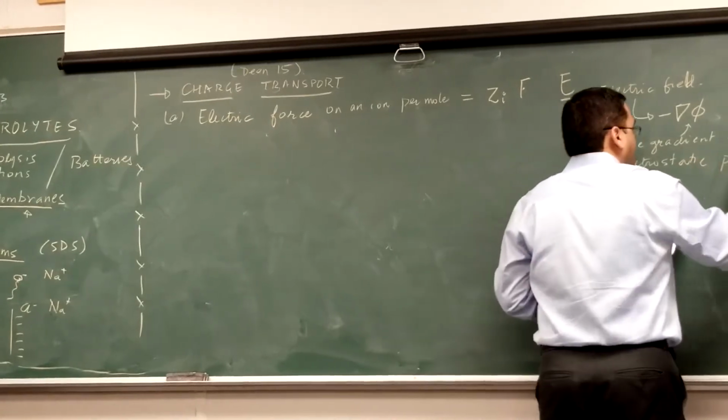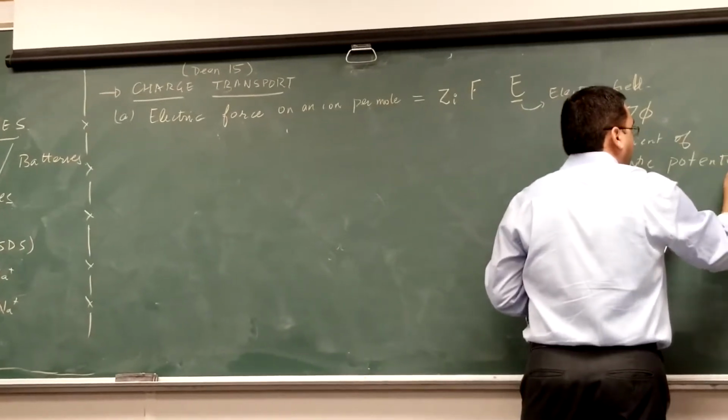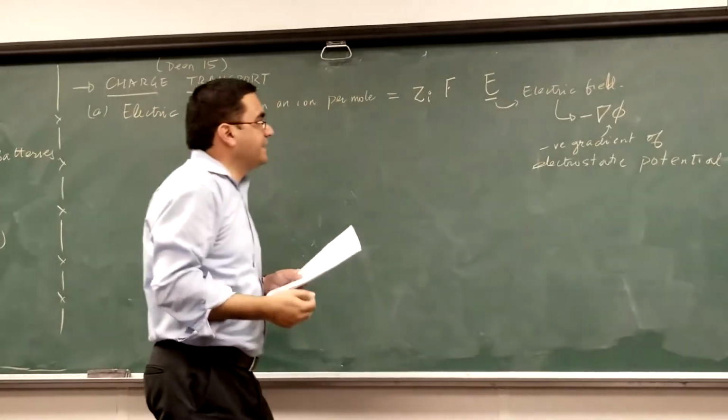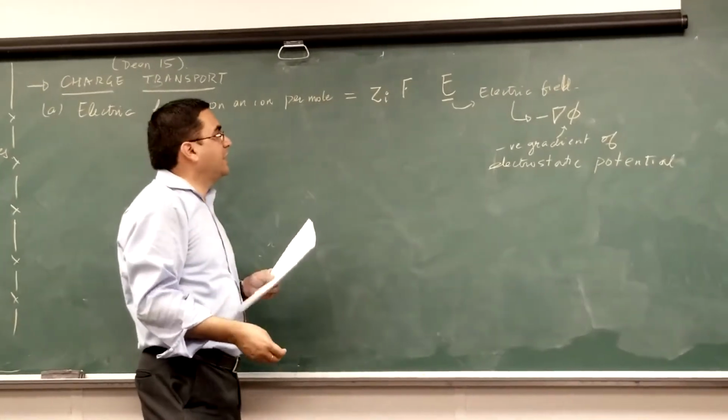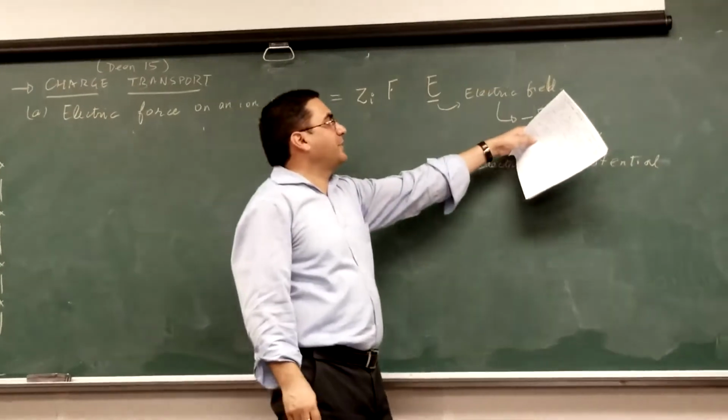So in all the other cases, we had a gradient and some quantity that was driving transport. In this case, it's going to be the gradient of the electrostatic potential that's going to drive transport.